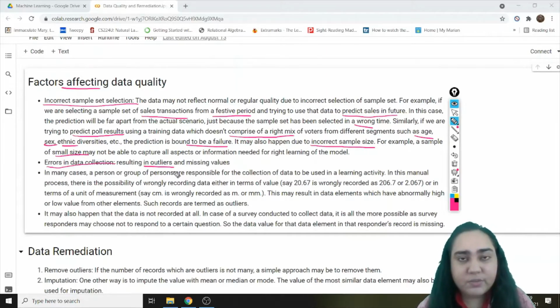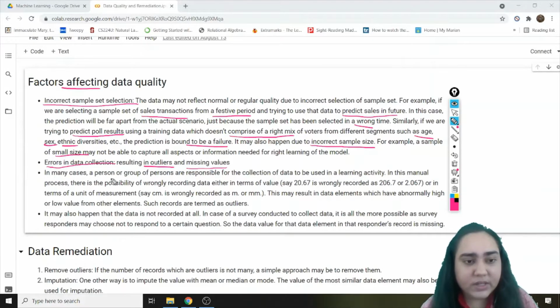So outliers have their effect or impact on your training, and that's why they are bad. And you also have missing values. So sometimes you have values which are just not there. So some column is there, but then some of the rows, those some values are missing. Okay, so that is error in data collection.